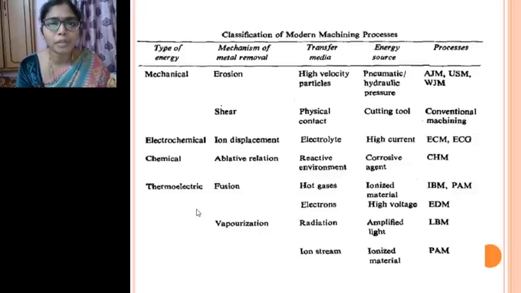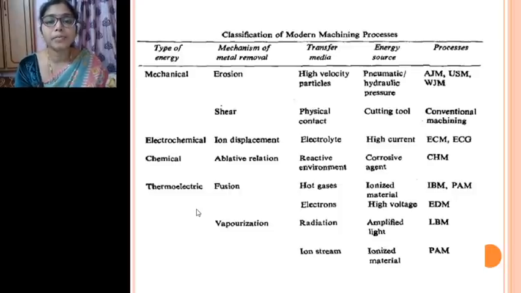Did you ever get the thought that I should remove the material without any contact between the tool and the workpiece? Without that also you are obtaining the required job dimensions, right? What is the difference? What is the need for this non-conventional machining process?